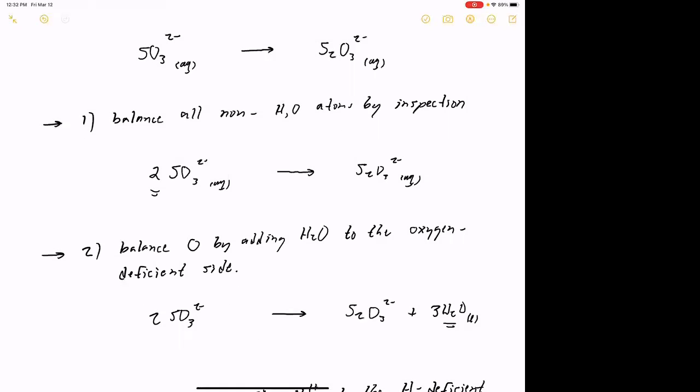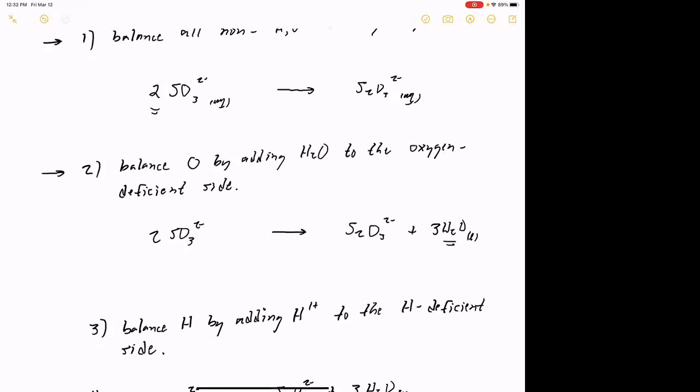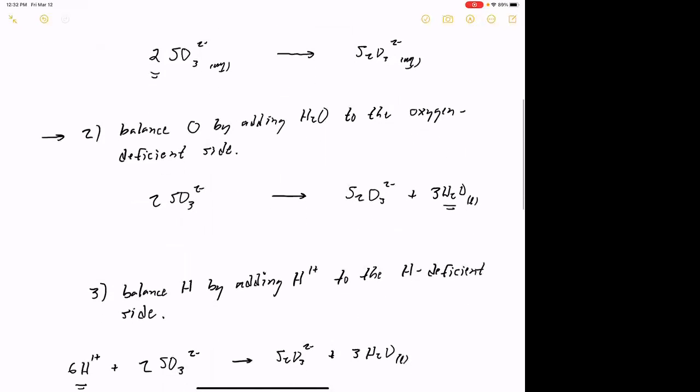I want to balance the oxygens by adding enough water to the oxygen deficient side to make both sides equal in terms of oxygens, right? So that's, as you just said, why I needed to have the 3 waters there, because I needed those 3 extra oxygens on the right-hand side. Okay, so now my sulfurs and my oxygens are good, but my hydrogens aren't. So that's where item 3 comes into play.